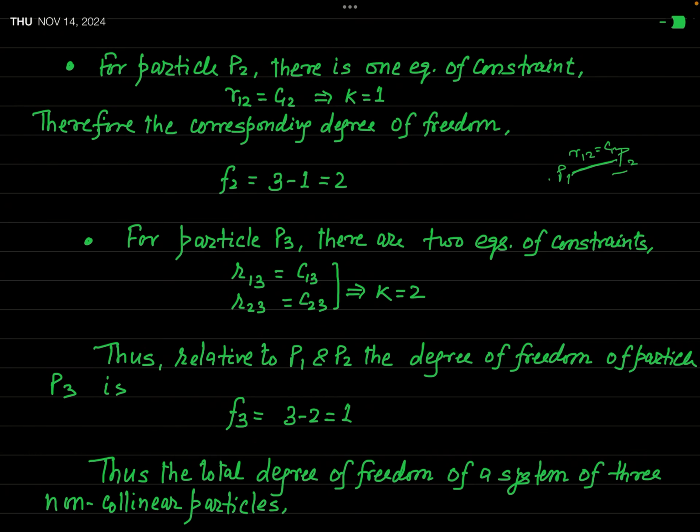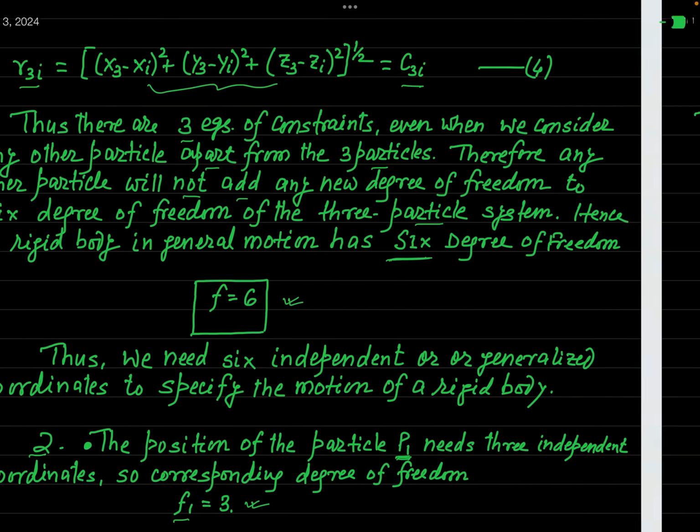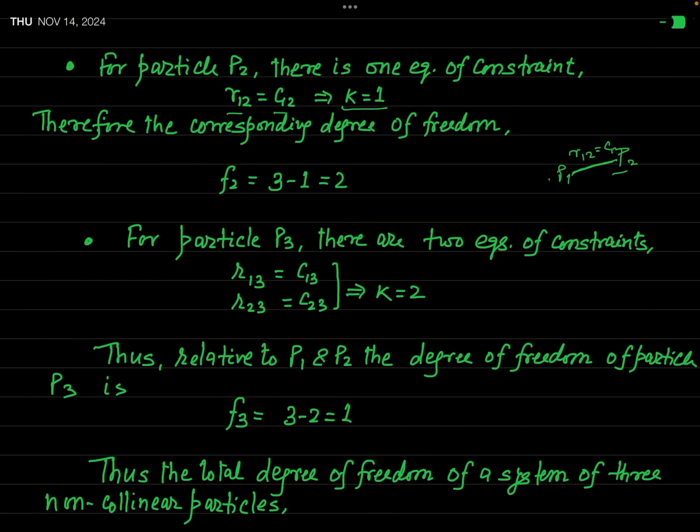So in this case there will be one equation of constant: R12 equal to C12 is the equation of constant. So for particle P2 there is one equation of constant, and so k is equal to 1. In the first case k was 0, but here k is equal to 1.